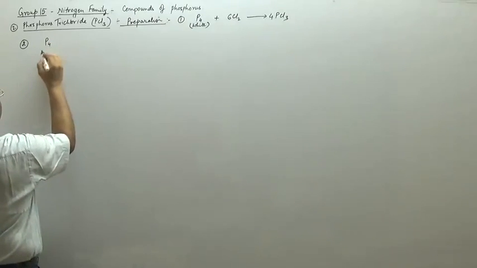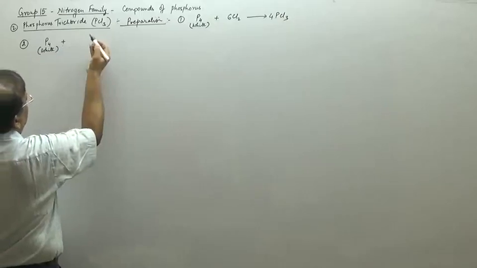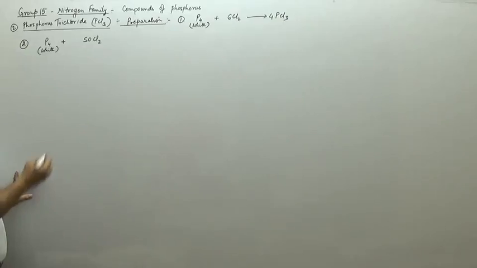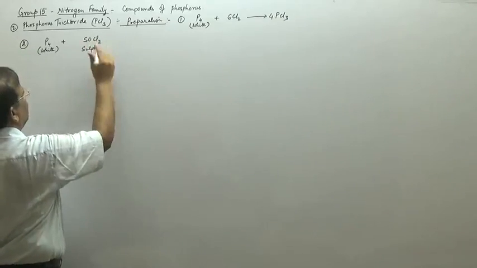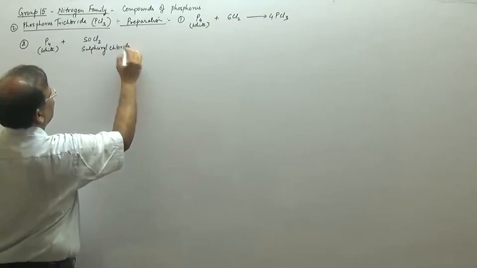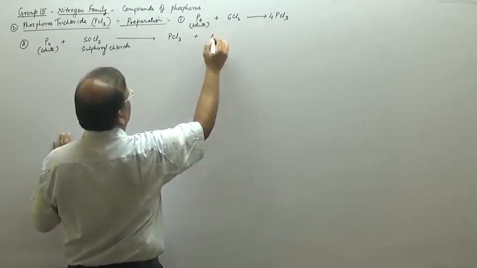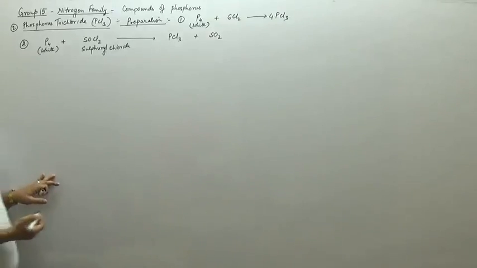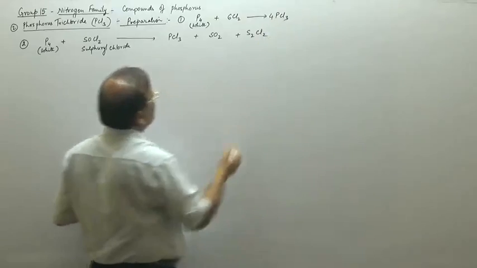When white phosphorus P4 is treated with sulfuryl chloride, that is SOCl2, it forms PCl3 plus SO2, as the sulfuryl chloride converts into SO2, and the third product which is formed is S2Cl2.